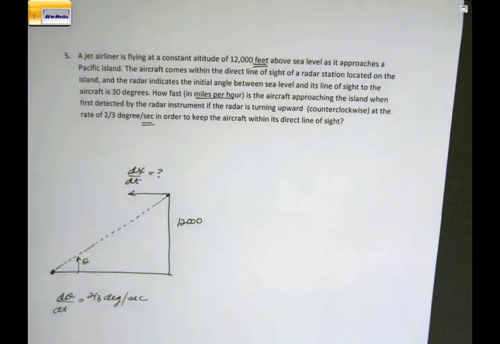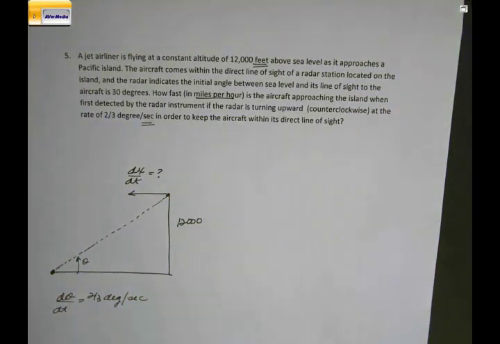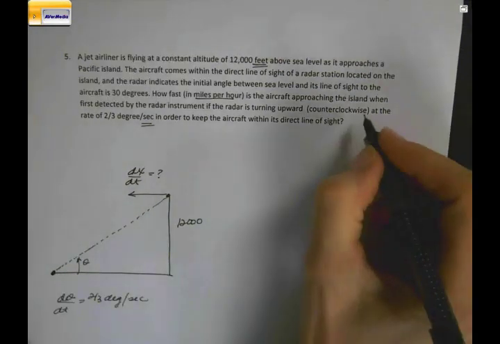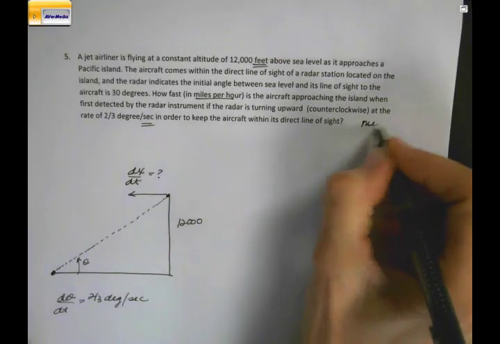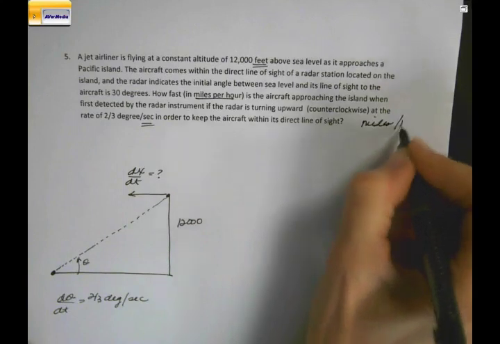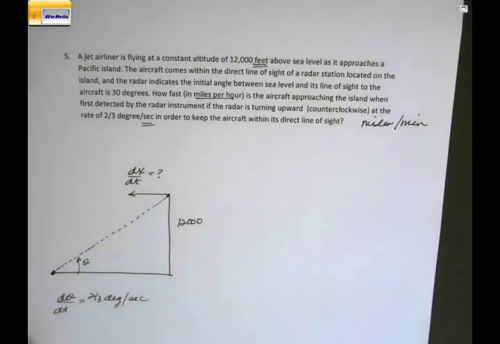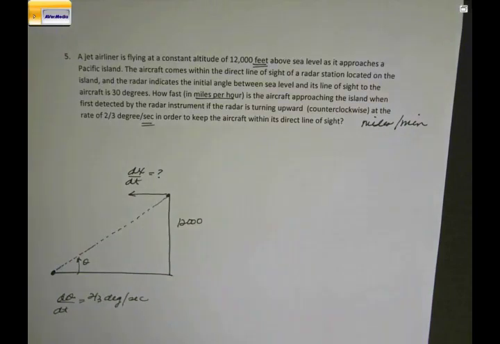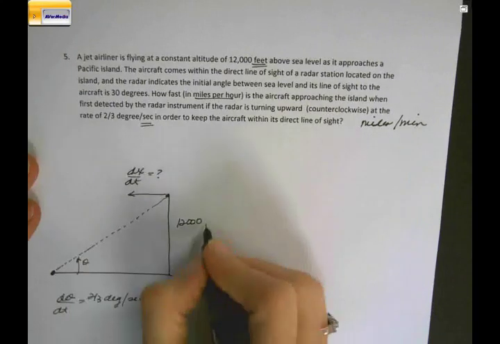Everything is in the wrong units. The answer to this was written in miles per minute. In my math lab you'll see it next to the answer blank. We want the answer in miles per minute, so everything has to change.